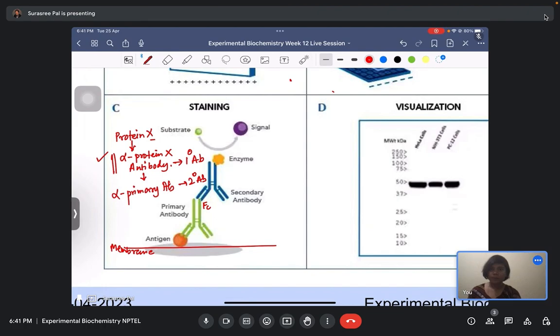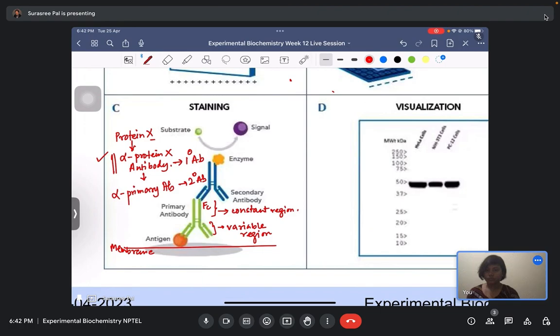If you have any idea about the antibody structure, the antibody has a variable region and this part is the constant region. The constant region of the antibody is recognized by a secondary antibody.